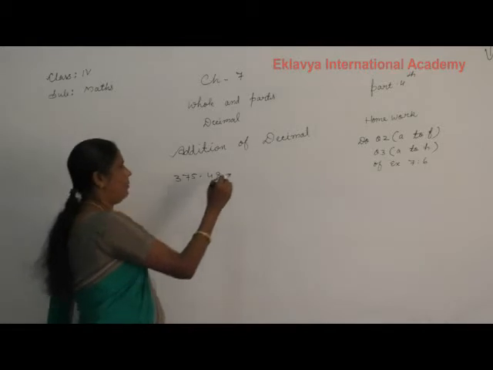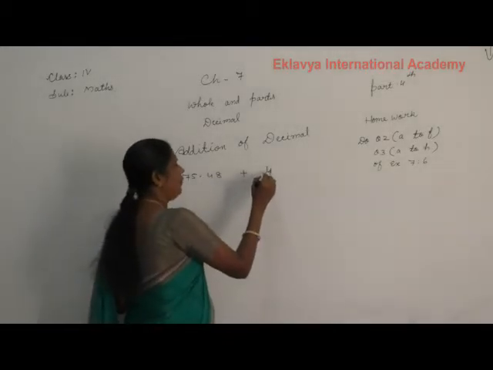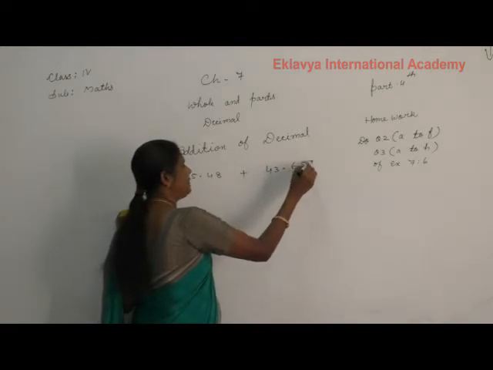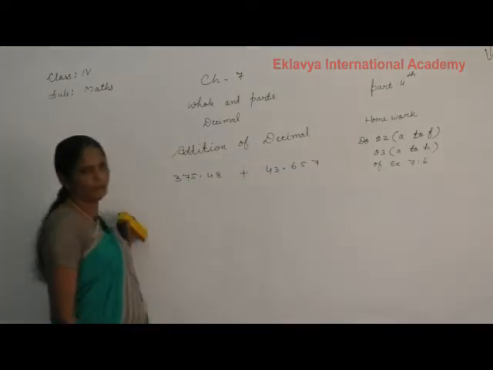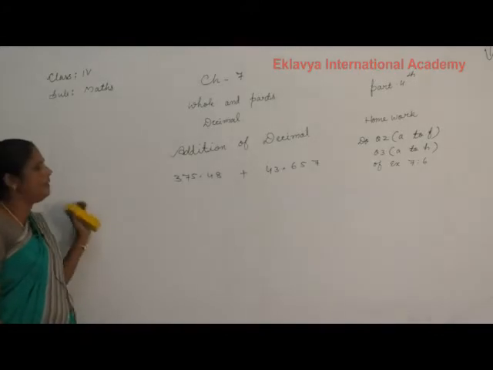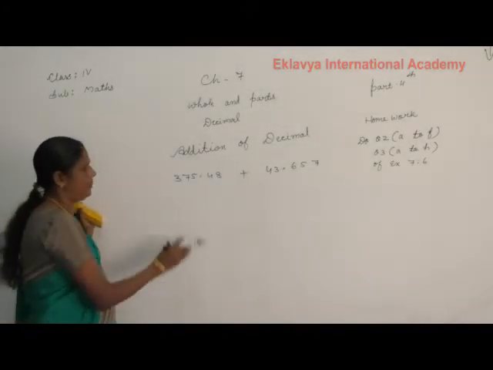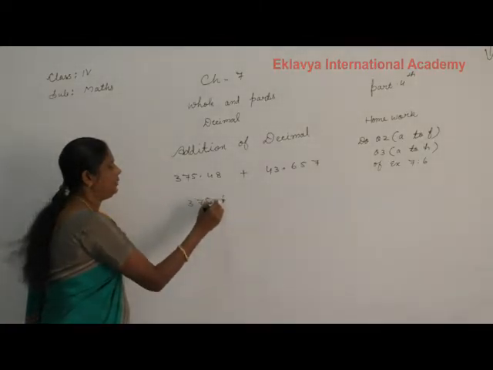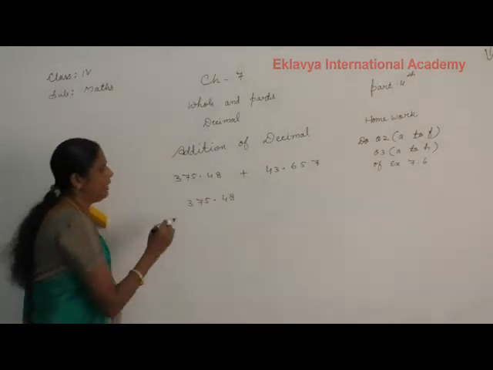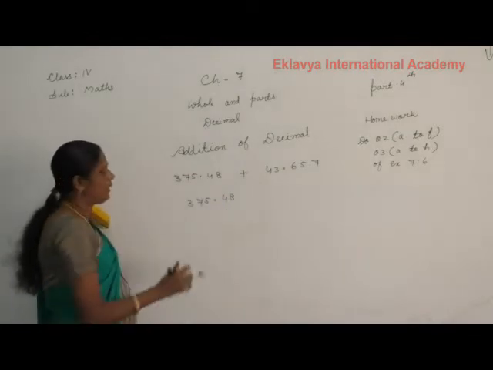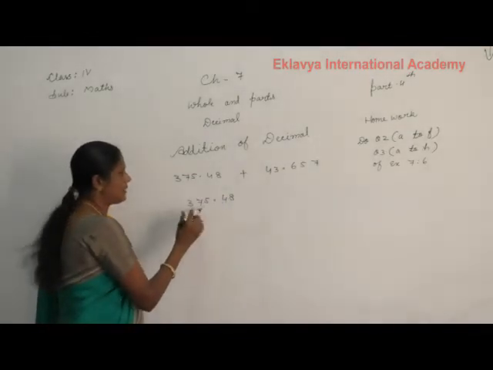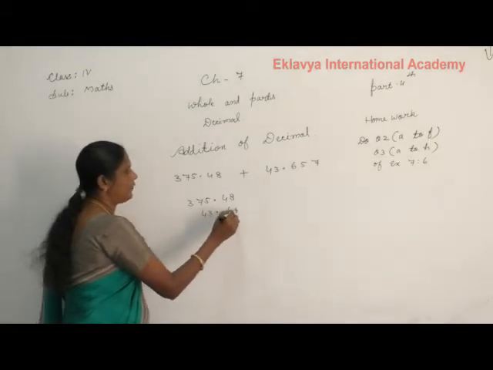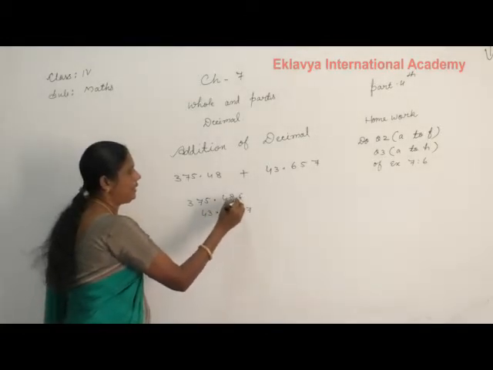375.98 plus 43.657. This is our question. First you arrange these numbers. 375.98, then 43. Where do you write it? Ones and tens place. 43.657. You put a 0 also.